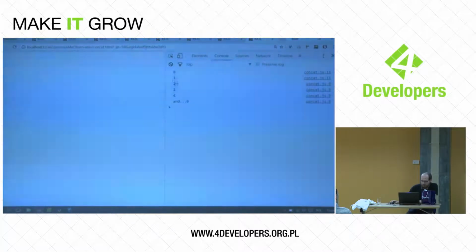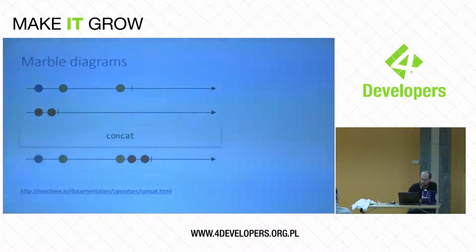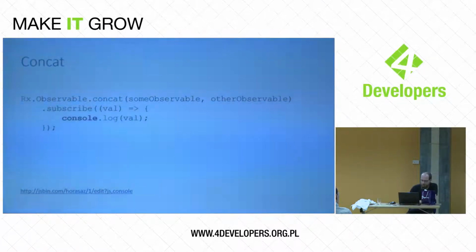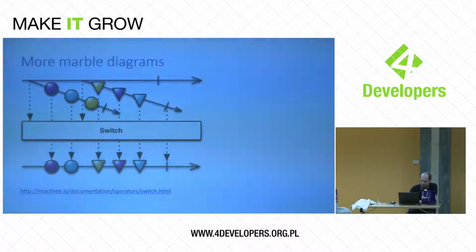So the first sequence goes, and then the second one. Concat waited for the first one to complete, and then it allowed the elements from the second one to enter. Okay, so that's concat syntax.